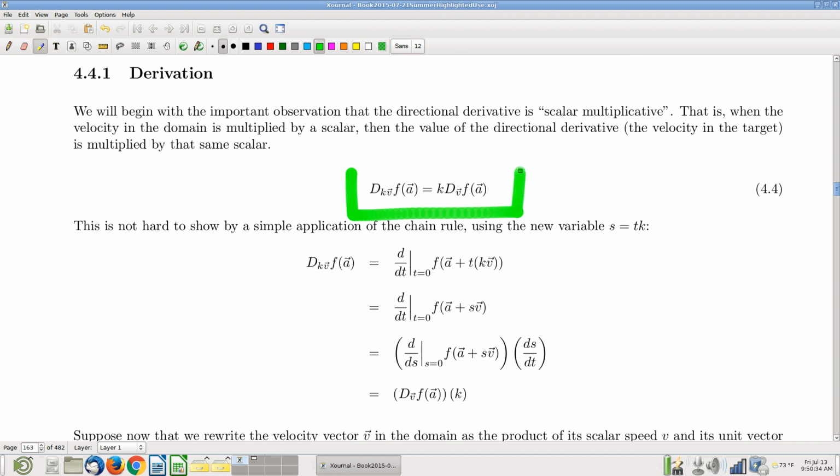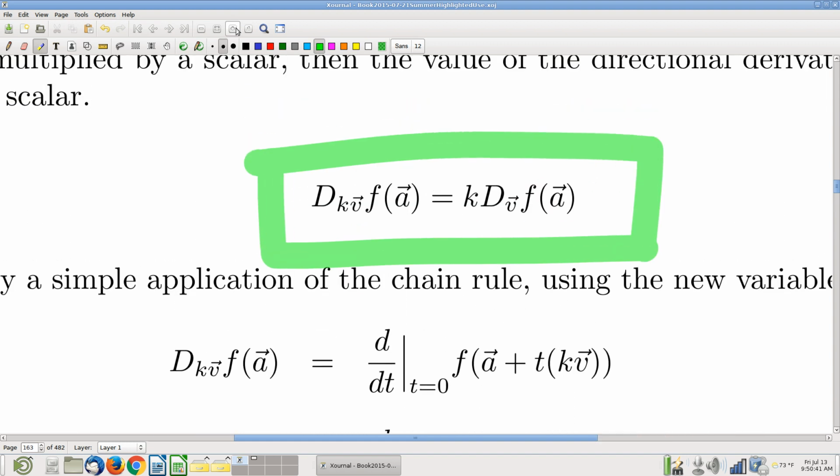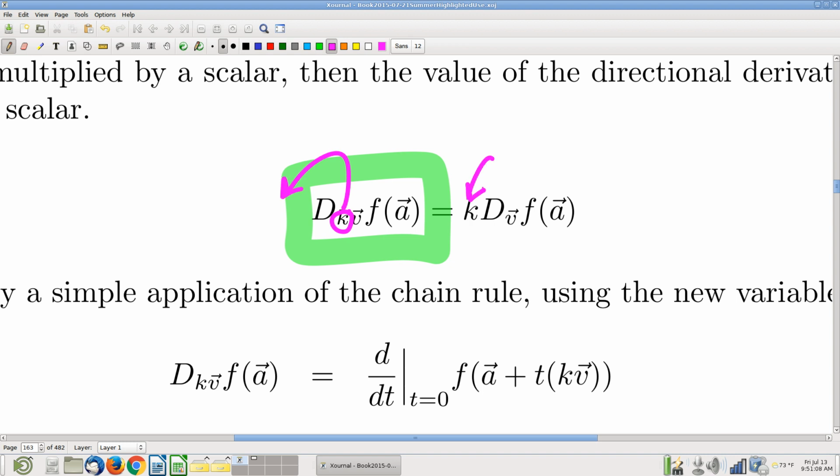Okay, so moving on to the next section, I'm going to start with a calculation. Neat fact about directional derivatives. If you're computing a directional derivative, and specifically if the vector representing your velocity has a scalar factor, then you can take that scalar factor and factor it out.